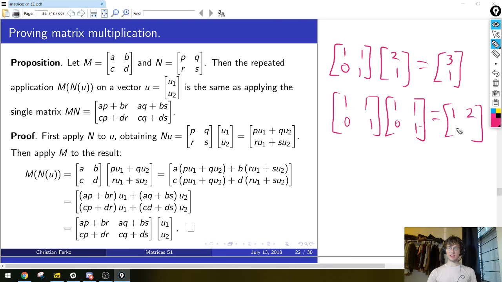Then the second part, the bottom of the matrix, you just pretend each of these columns are vectors. So 0 times 1 plus 1 times 0 is 0. And then the fourth component is 0 times 1 plus 1 times 1 is 1.